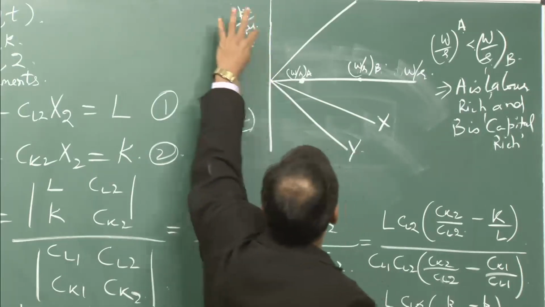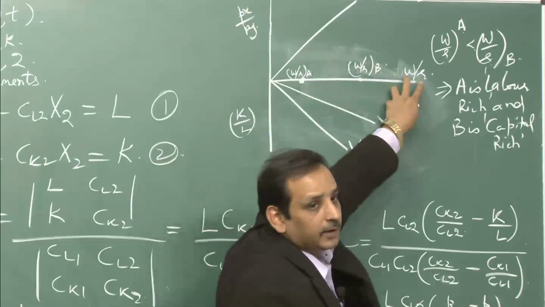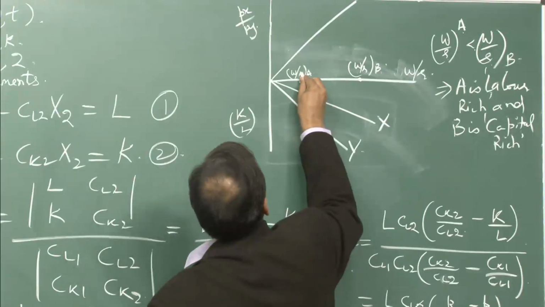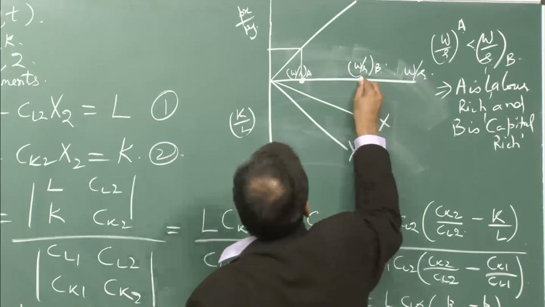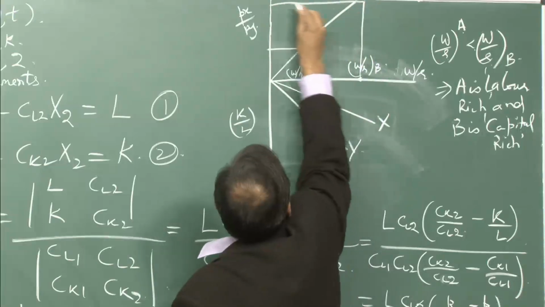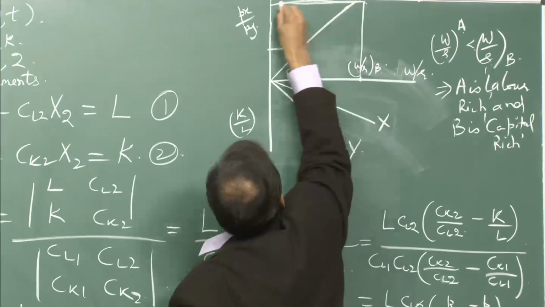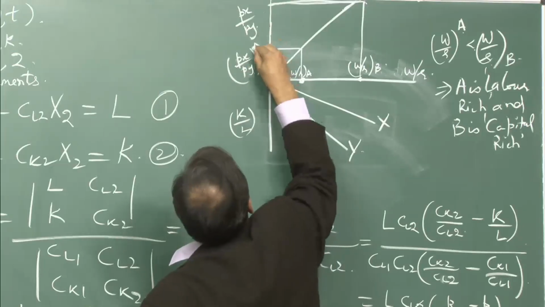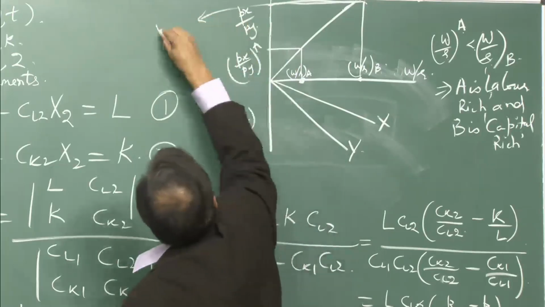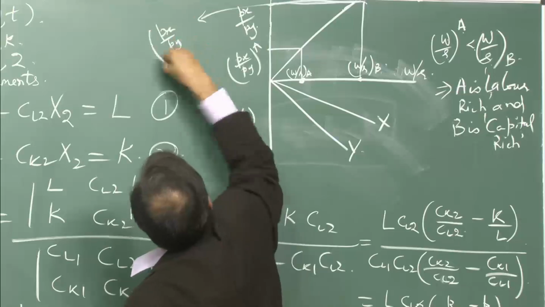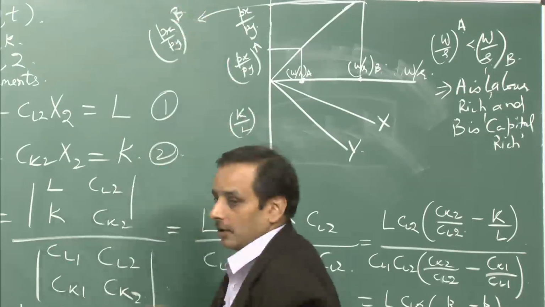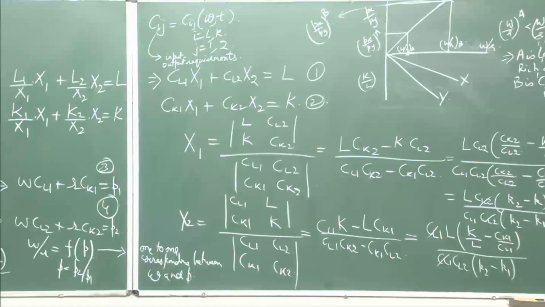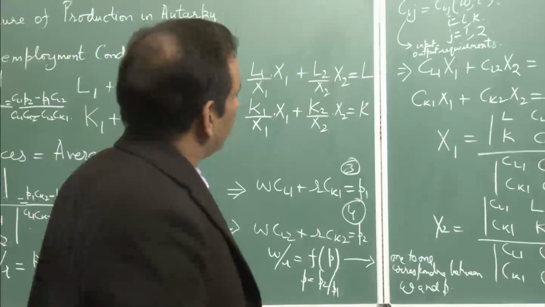Now, because there is one-to-one correspondence between relative prices and the relative wage rates, it is very easy to prove the Heckscher-Ohlin theorem, which says that the country which is rich in capital will export capital intensive product, and the country which is rich in labor will export labor intensive product.